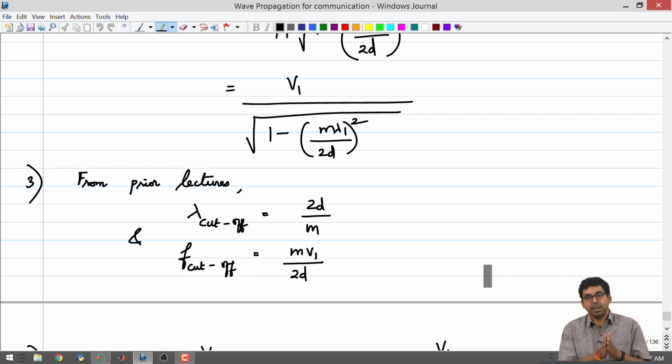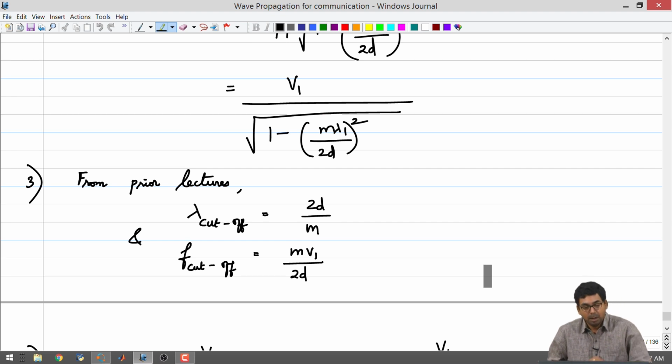So, d is the separation between the 2 plates. In one case, one plate is at the 45th coordinate and the other is at the 55th coordinate. So, you can say that d in this case is 10 spatial steps, which is good enough. V1 again we do not know, it is calculated from the epsilon, mu and parameters that we have given, so we do not care.